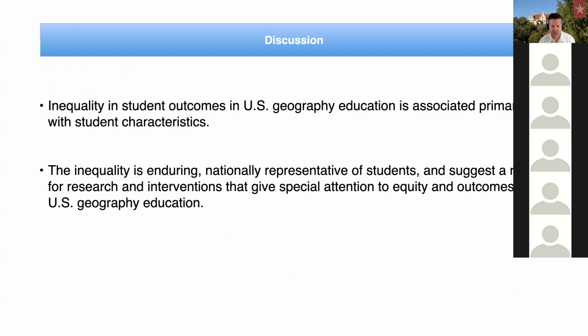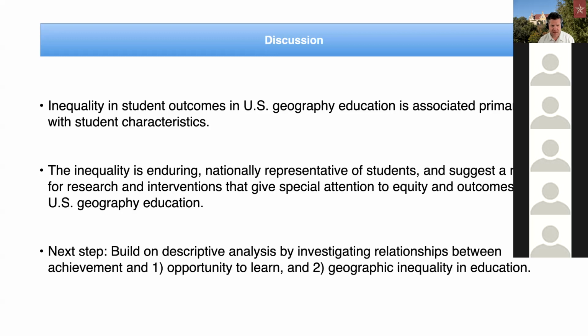And the within school differences really, I think, compel us to look into research and interventions that give special attention to equity and outcomes in U.S. geography education. And so to prepare for that, we're getting started on the follow-up deeper analysis of the NAEP geography data sets.